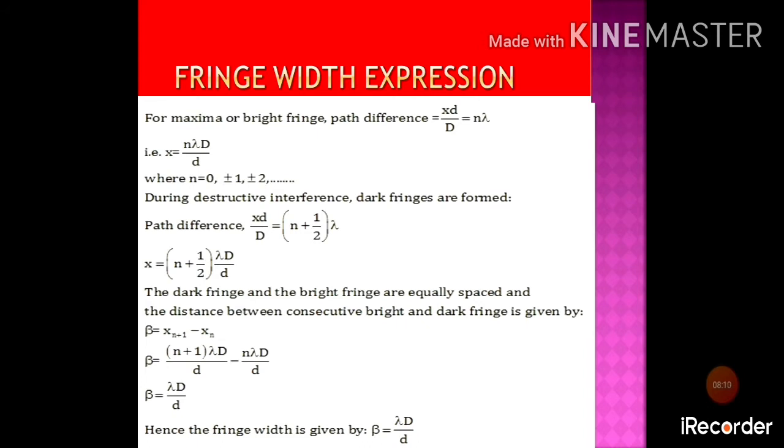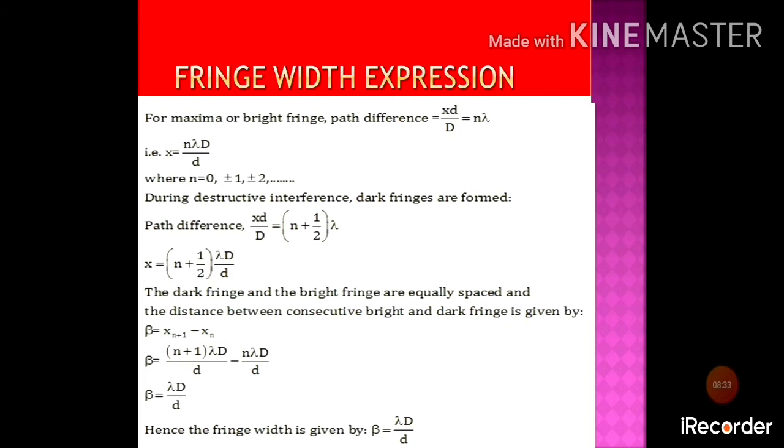Right. Now when you obtain x2 minus x1, x3 minus x2, x4 minus x3 and so on, what will you observe? You will get the same expression in each case, which means that the dark fringes and the bright fringes are equally spaced.